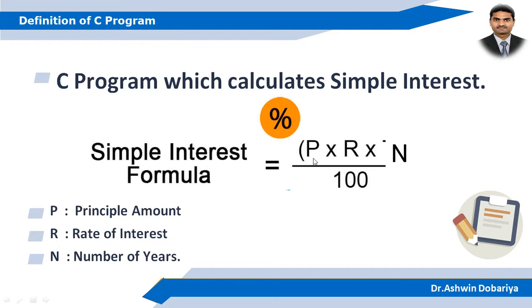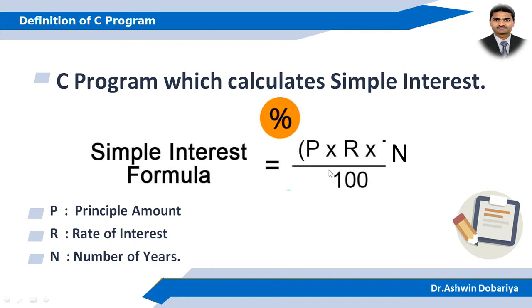This is a simple formula to calculate the simple interest. Now in terms of programming, how many variables do we require? To calculate the simple interest, how many things do we have to input? One is principal, for which we require one variable P. Then we also input the rate of interest, so R is another variable, and the number of years, so N is another variable. So we have to provide 3 values, and for that we require three variables.